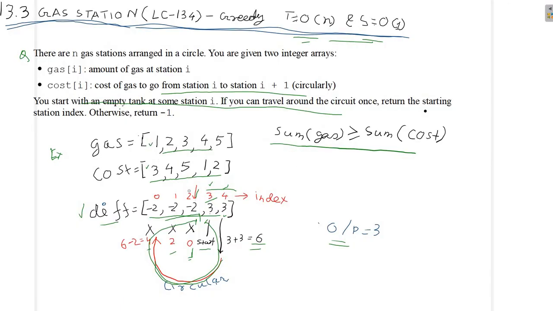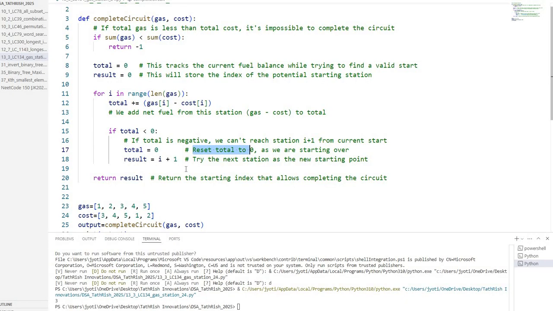In this condition, we have to restart at the next index while completing one circuit. Now, if we are trying to get the next station as the new starting point, we set the result to i plus 1. Finally, we return the result, which is the starting index that allows the completion of the circuit. That is, one circuit is complete.